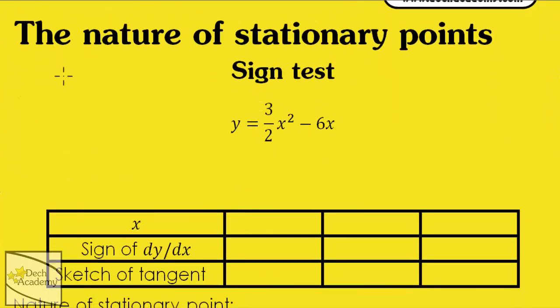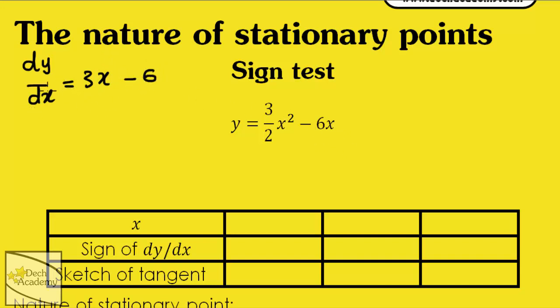So for this function, in order to determine the stationary point, we need to determine dy dx and then set dy dx to 0, and then we'll obtain the x coordinate of the stationary point. So dy dx is equal to the derivative of 3 over 2 x squared, which is 2 times 3 over 2, which is 3, times x to the power 2 minus 1, which is 1, so I'm not going to write the 1, then minus the derivative of 6x, which is 6.